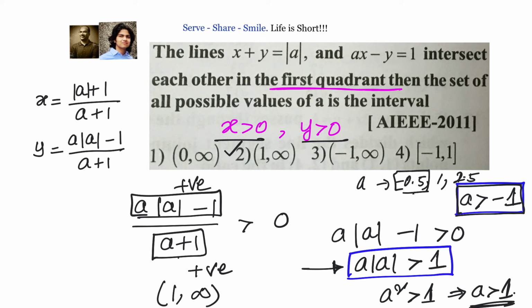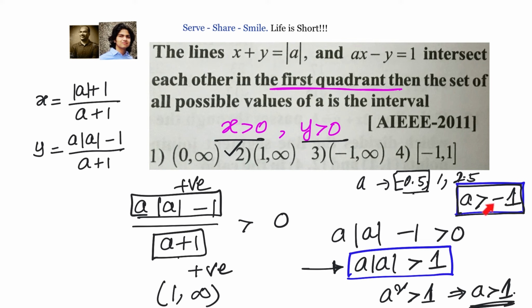Now when we come to y, we know that a into mod a minus 1 by a plus 1 has to be positive, means both of them have to be positive or both of them have to be negative. Now if I take negative, then this will not work out, so they have to be both positive. When they are both positive, the denominator is positive, the numerator is also positive, that means a into mod a is greater than 1.